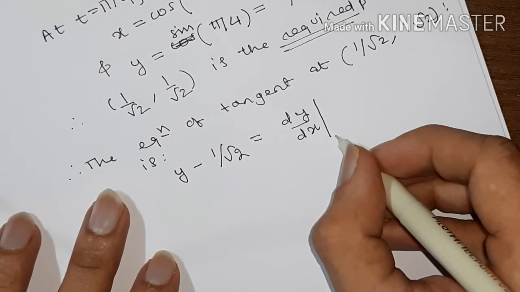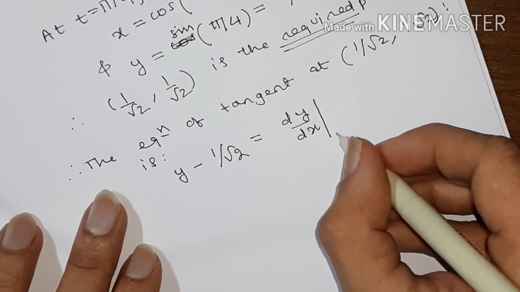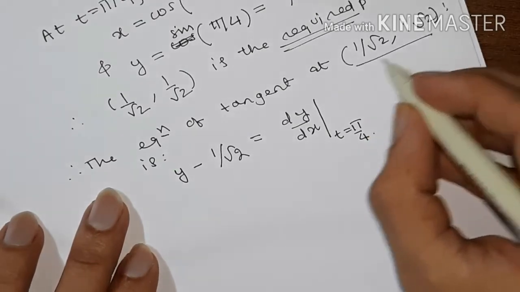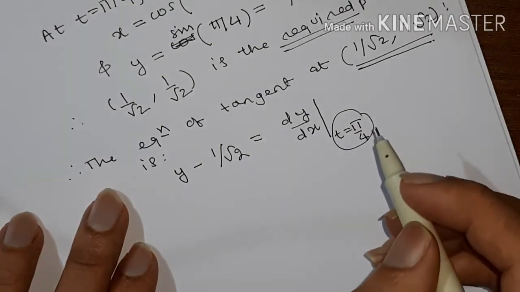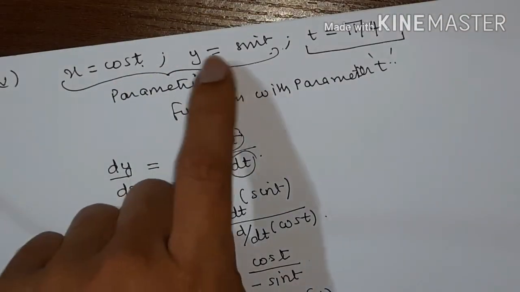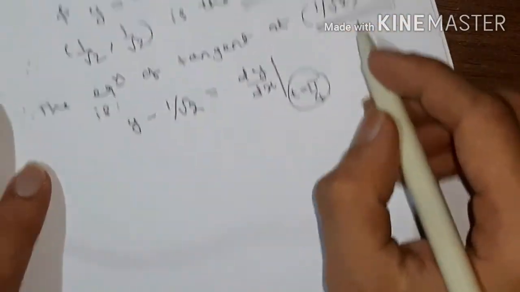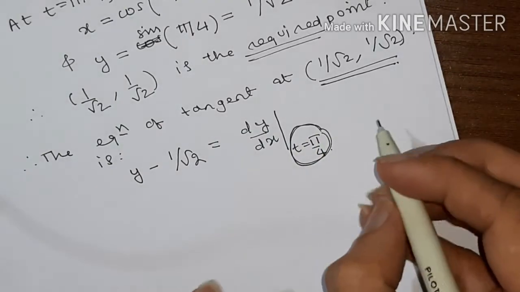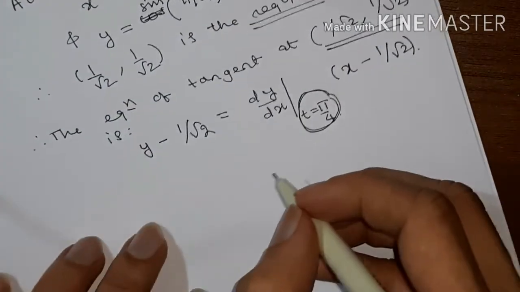Now the ordered pair x naught comma y naught corresponds to t equal to pi by 4, because we found this point by substituting t in x equal to cos t and y equal to sin t. So the slope can be written at t equal to pi by 4, multiplied by x minus 1 by root 2.